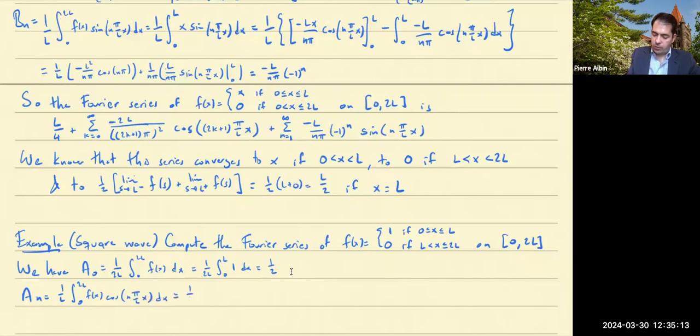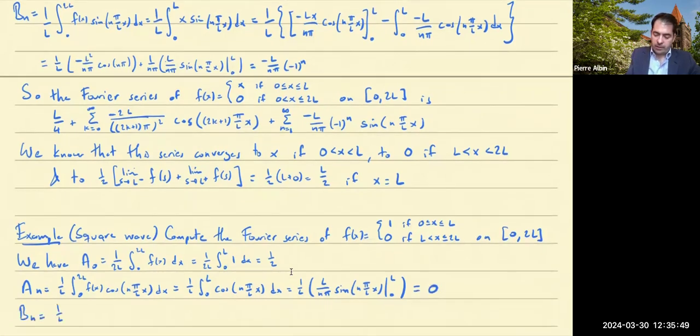So that would be 1 over L, the integral from 0 to L of 1 times cosine n pi over L x dx. So that's 1 over L, and this is L over n pi sine of n pi over L x evaluated at 0 and L. Right? And as we've used a couple times now, if you evaluate sine n pi over L x at either L or 0, you get 0. So it's just 0.